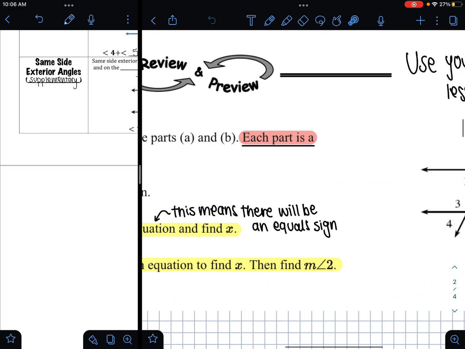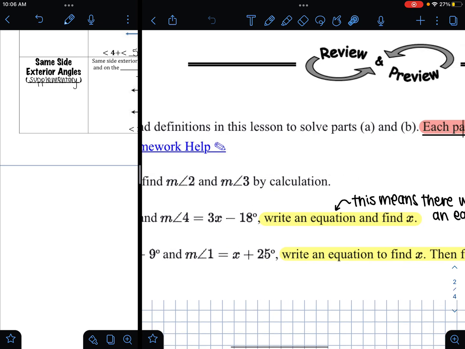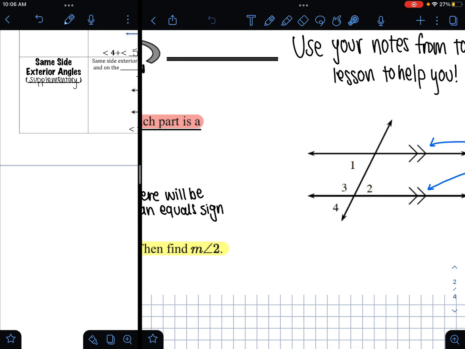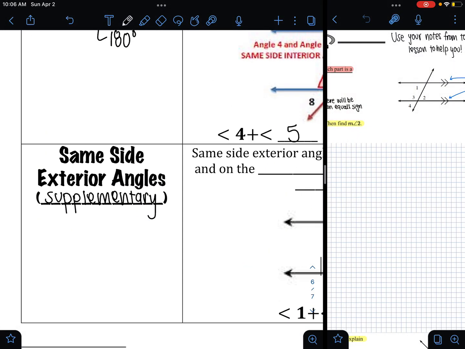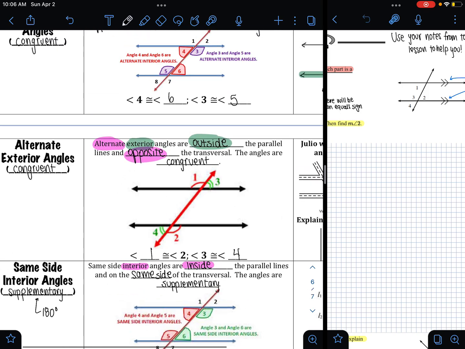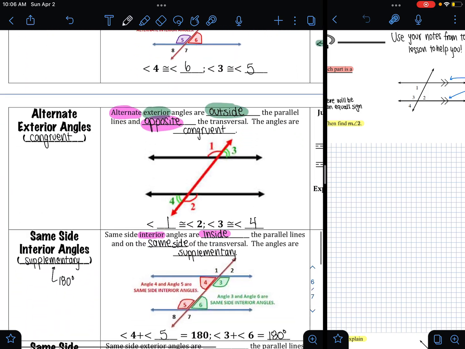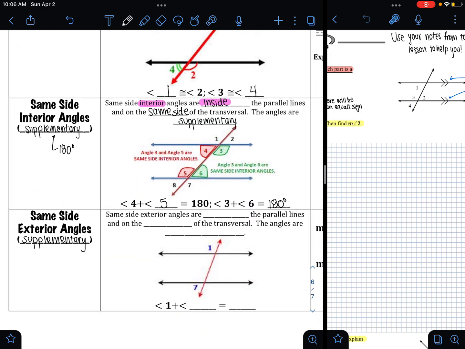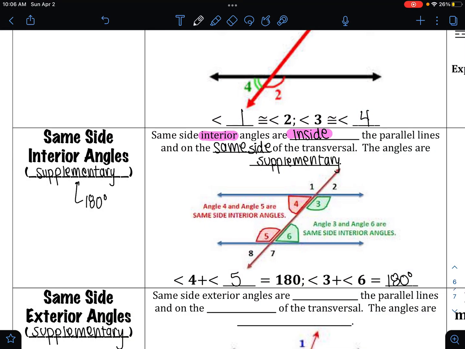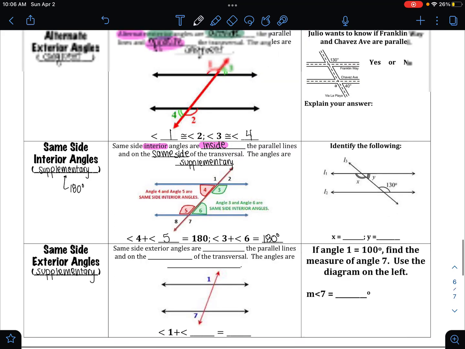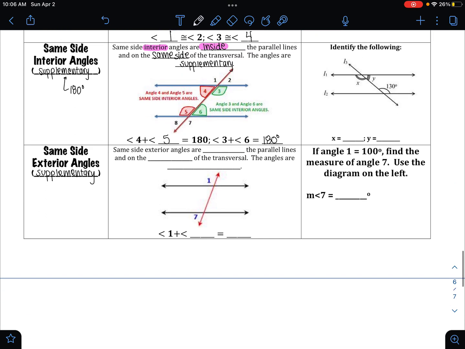So it wants to know what the measure of angle 2 and 3 would be if angle 1 is 63 degrees. So I would just pop open these notes and say, okay, what do I know based on what I wrote down with Miss Slater. Please don't try to remember it all right now. Like I said, it's going to come with time. And these are notes for you to refer to.